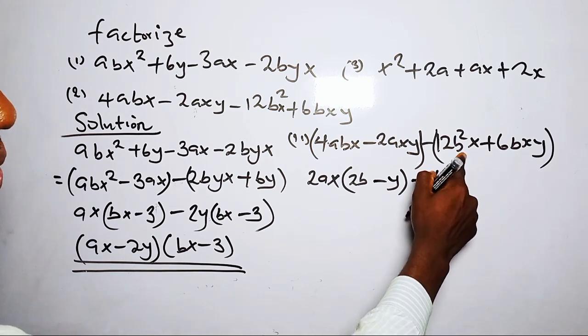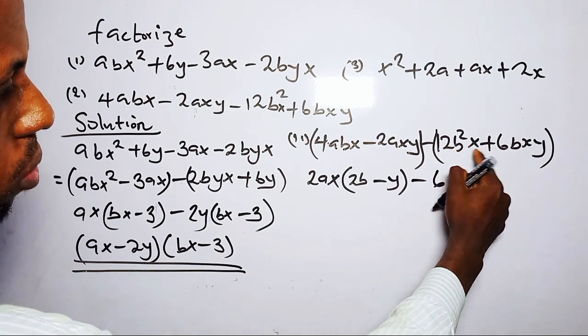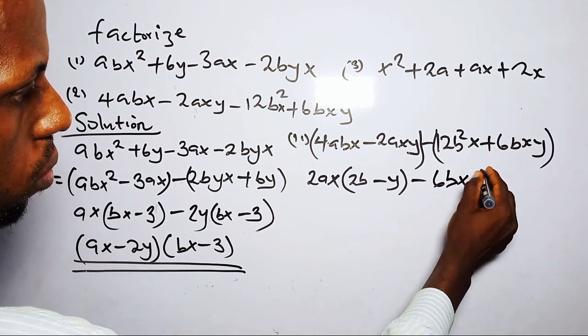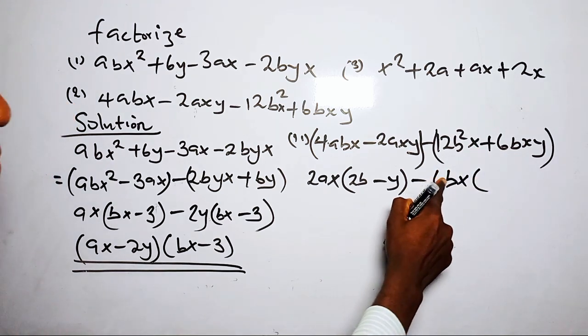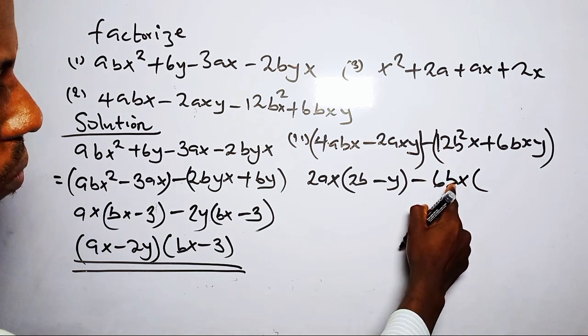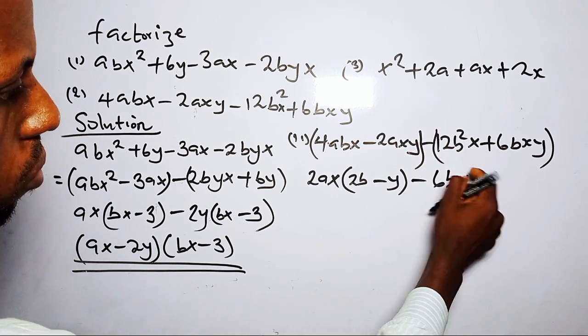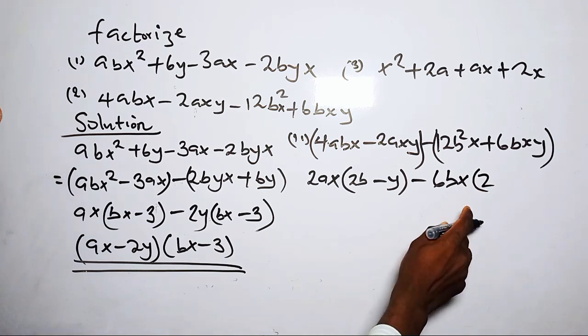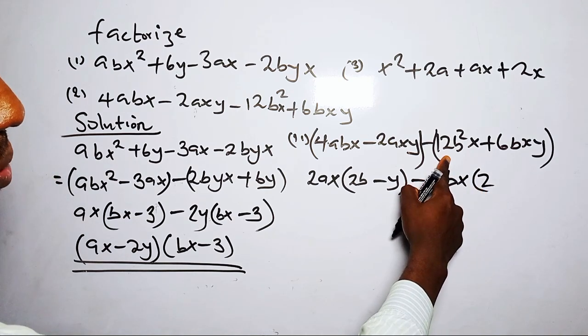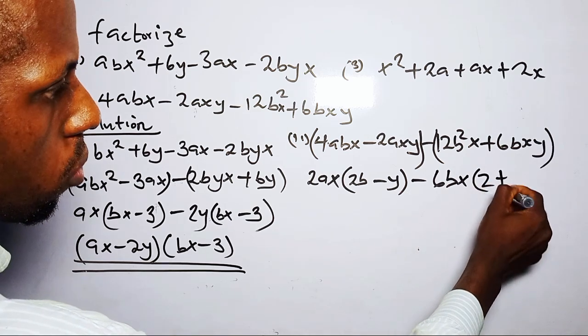So we have 6, we have b, okay, we have x, okay, into, so in this case, when we look at this side, we have 6bx, so here we have 2. Okay, for 6bx times 2, we have 12b squared x.